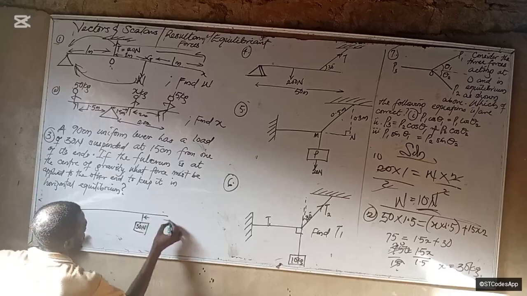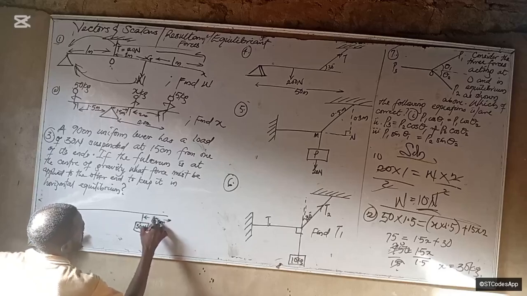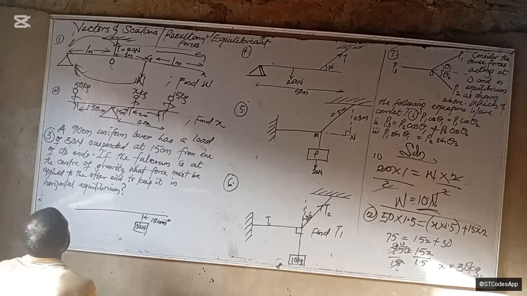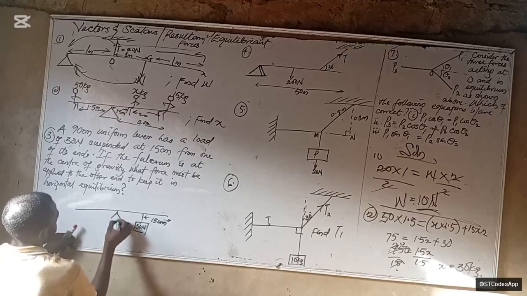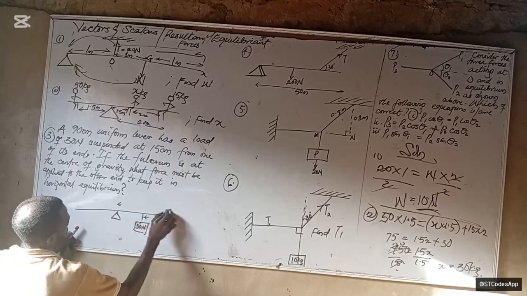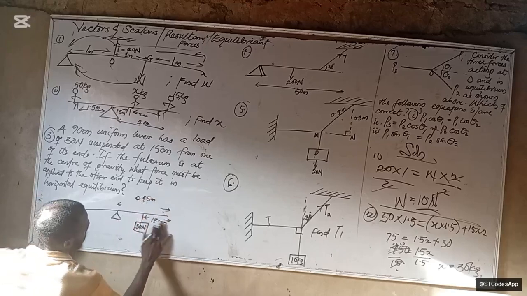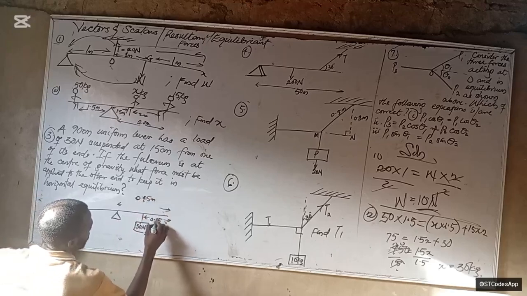You can pick any end though. I'm just deciding to pick it. If the fulcrum is at the center of gravity, so what's the center of gravity here? 45, right? So 0.45 meters. Here will now be what? 0.15 meter.